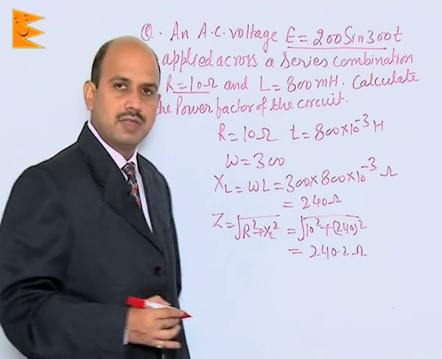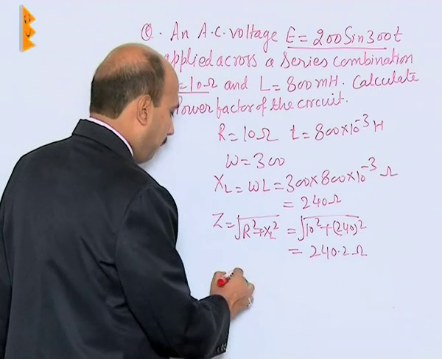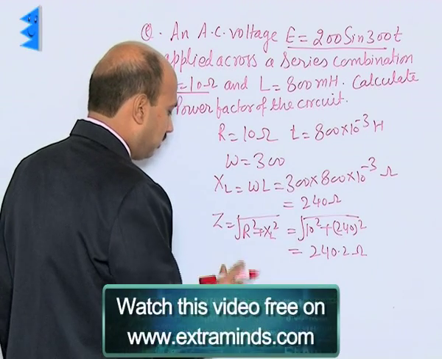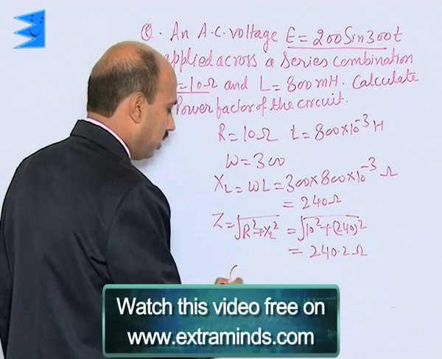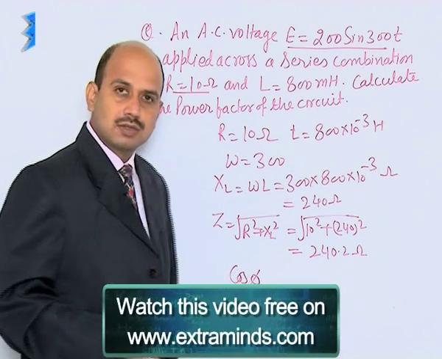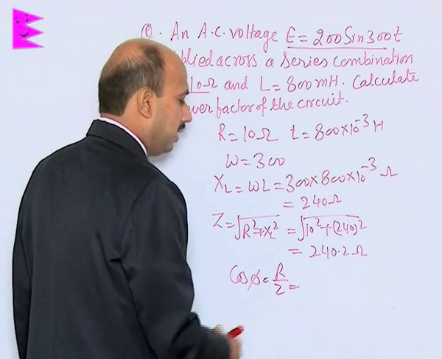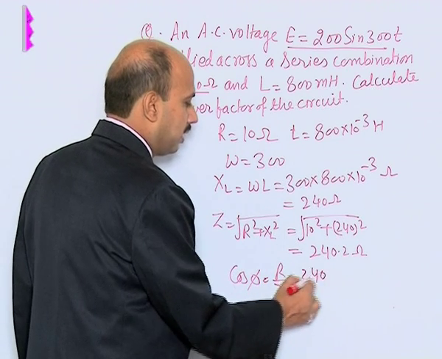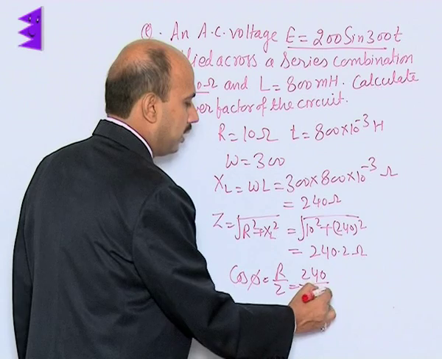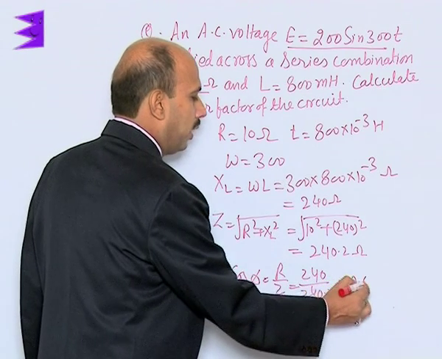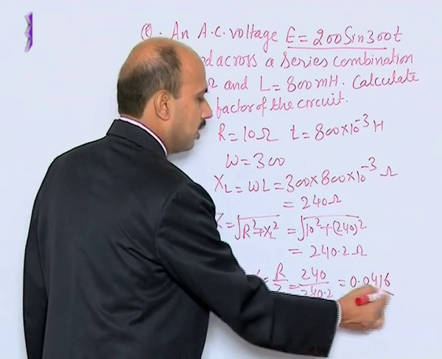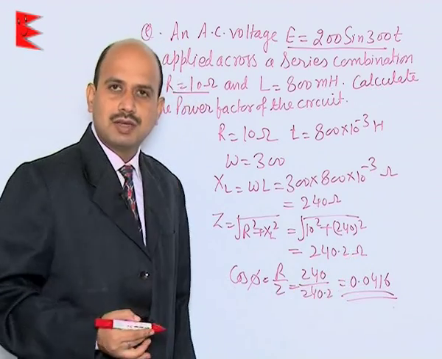This is the value of Z, and we know the power factor is cos phi. Cos phi is equal to R by Z, that means 240 divided by 240.2, that will be coming 0.0416. So, this is the value of power factor.